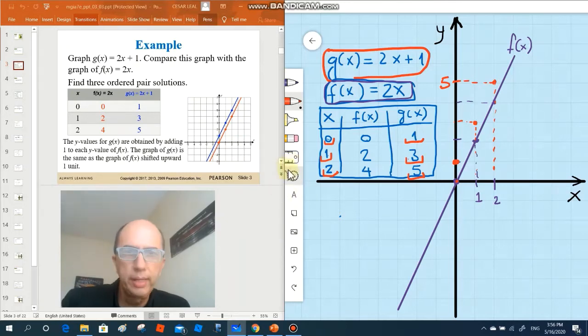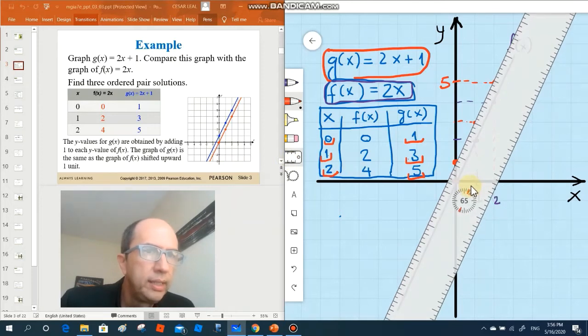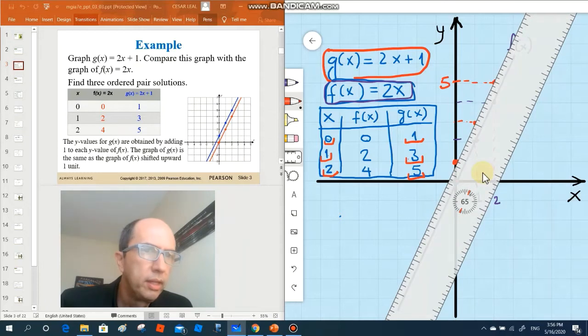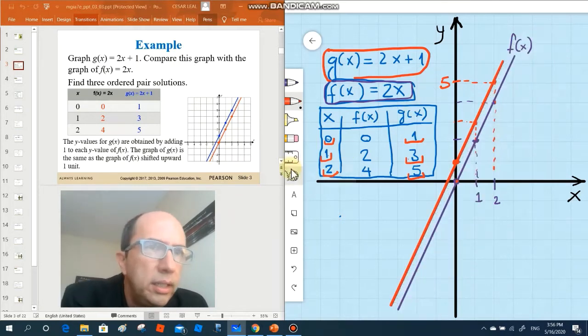And now we get the ruler and we draw the line, which is the graph of g(x). Okay, and this is g(x).